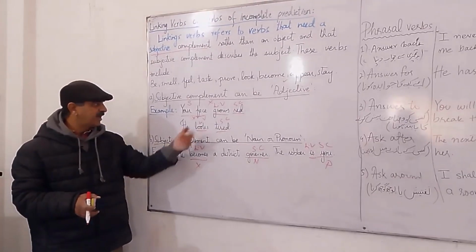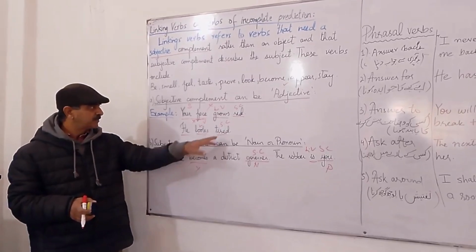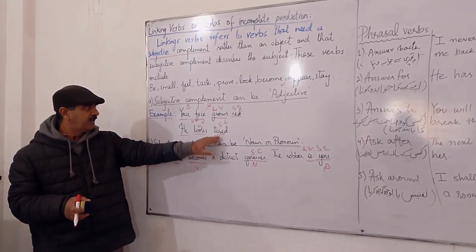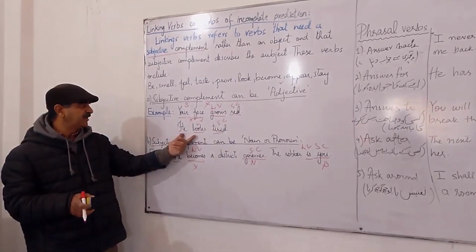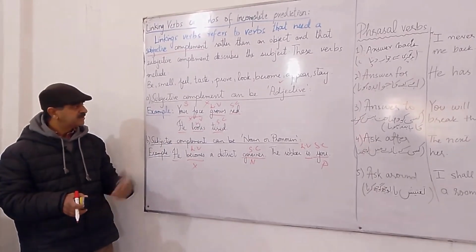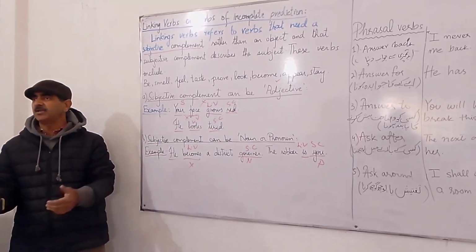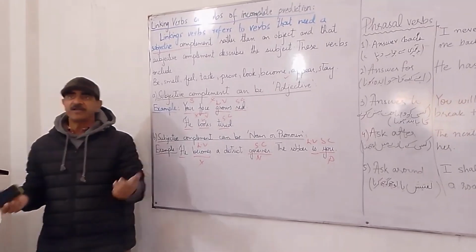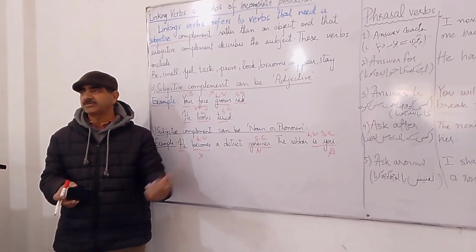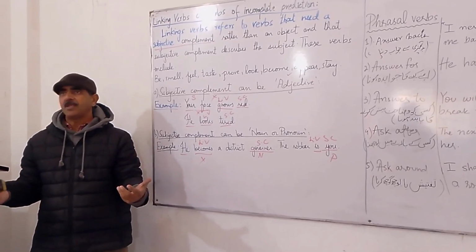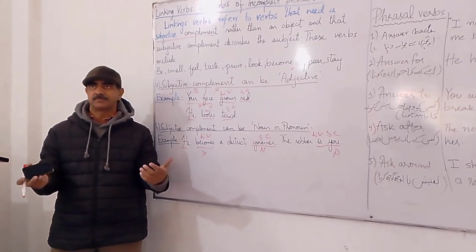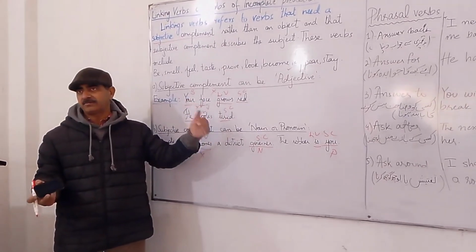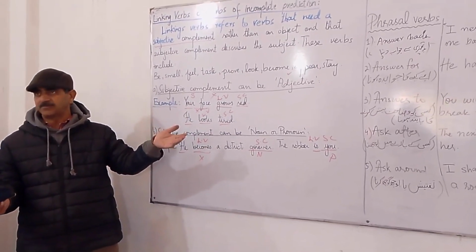Next one: he looks tired. Again, tired is an adjective, and it is also a subjective complement because it is completing the subject. The subject is he. If I simply say "he looks" or "she looks," you may ask me, sir, how does she look, or how does he look? Until and unless we write tired, or happy, or something else.